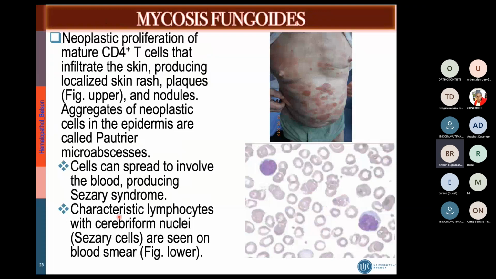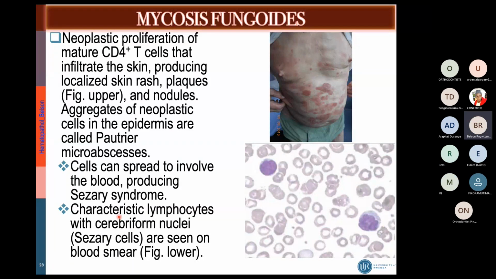So mycosis fungoides, the name here doesn't show that it is a cancer. This is a cancer derived from T lymphocytes. It affects skin. So when there is a T cell lymphoma affecting the skin, we call it mycosis fungoides.